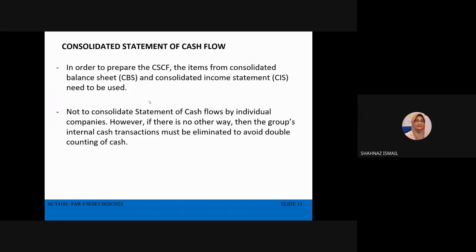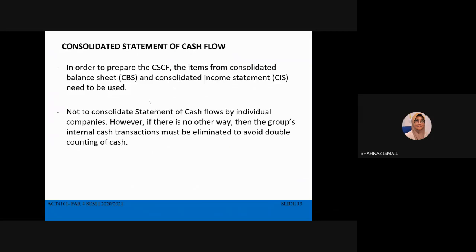yang telah pun di-prepare. Meaning that we pick up from the consolidated balance sheet, the consolidated statement of changes in equity and also the consolidated statement of income ataupun consolidated statement of profit or loss. So bermakna company akan prepare this consolidated financial statement dahulu, then only dia akan prepare the consolidated statement of cash flow. So kita tak ambil daripada the individual statement ataupun the individual statement of cash flow untuk kita prepare the consolidated statement of cash flow.